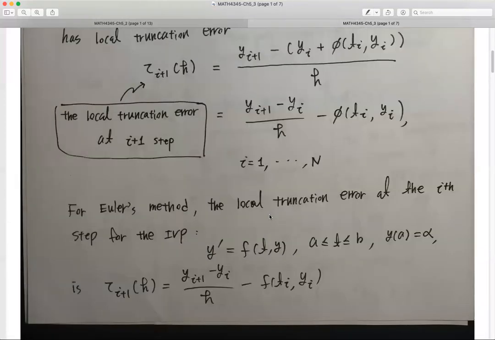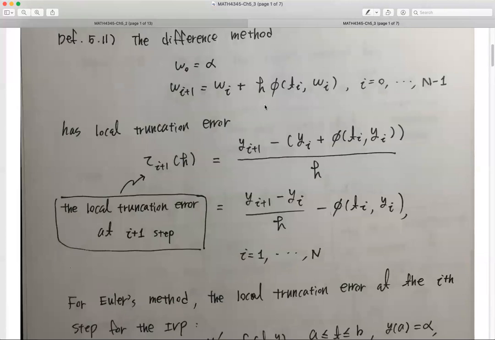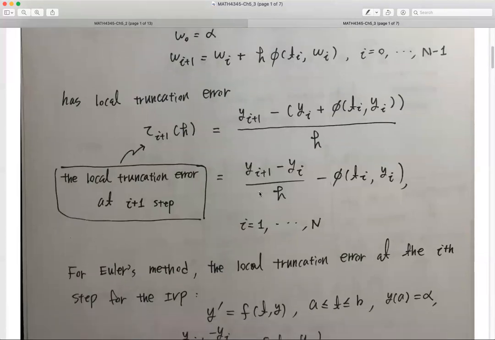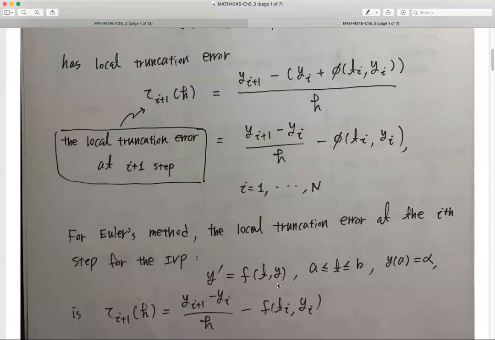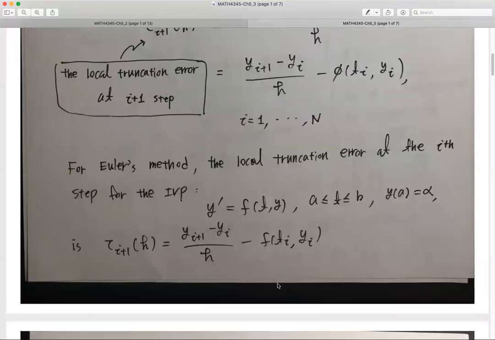Because in Euler's method, the phi_i must be f, right? The source term of the differential equation.